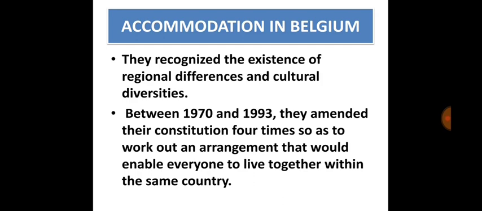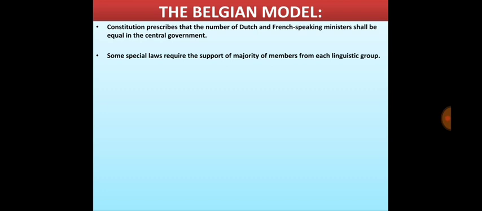That would enable everyone to live together within the same country with coexistence, cooperation, and coordination, to minimize conflict and live in a harmonious way. So the Belgium model is a unique model that arose at that time.